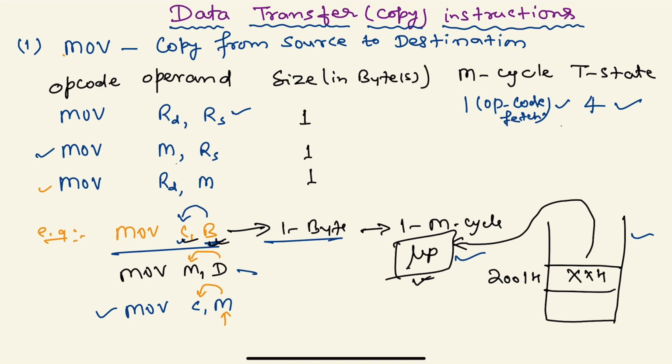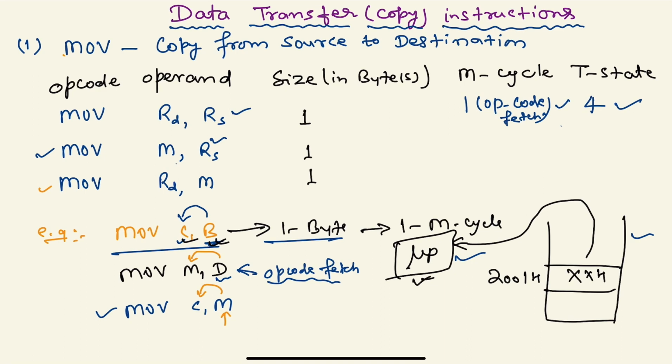After performing this opcode fetch, it knows that the content of the D register, which is available inside the processor, needs to be moved to the memory pointed to by the HL register pair.